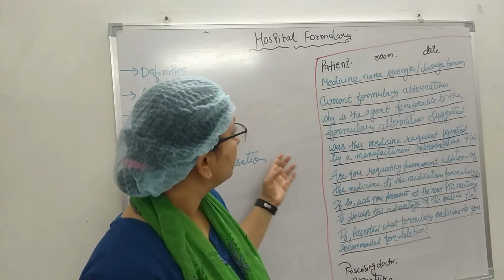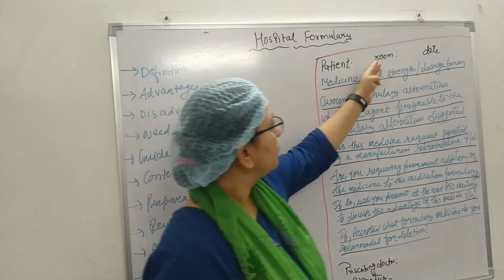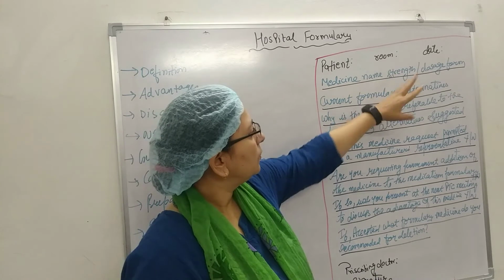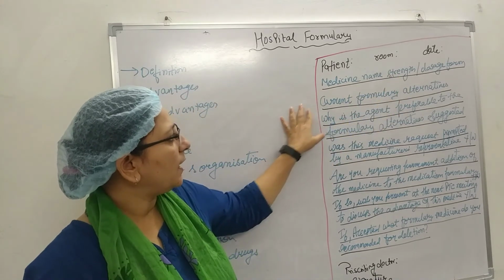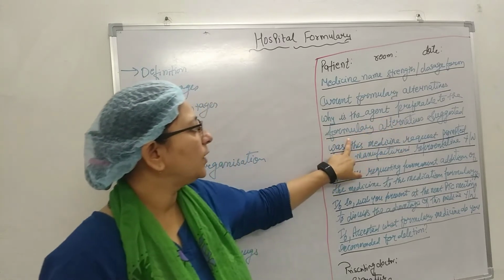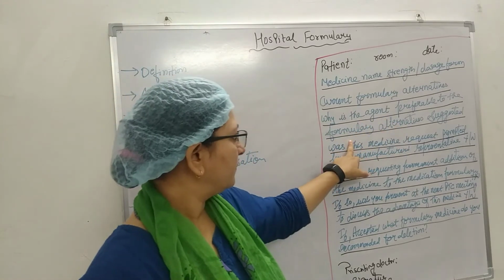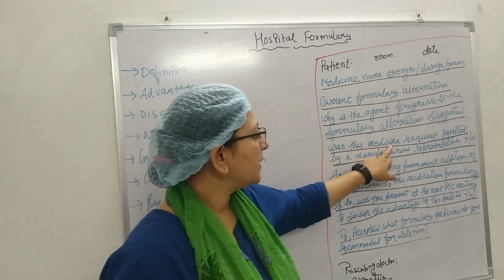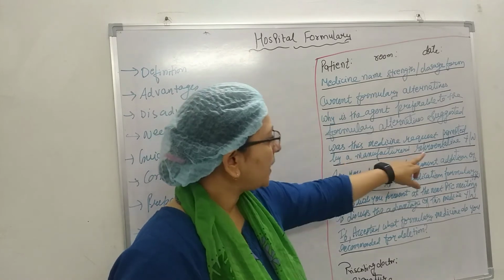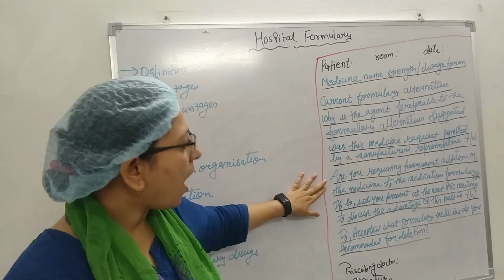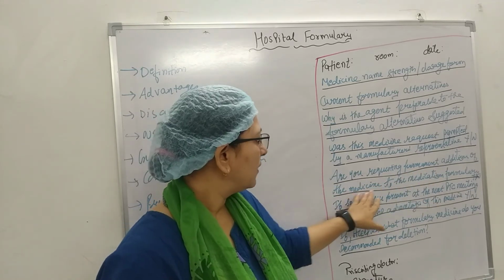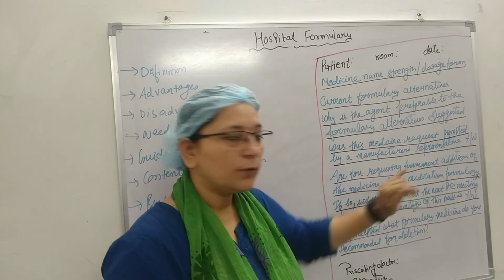This is the form: patient, room and date, medicine name, strength, dosage form, current formulary alternatives. Why is the agent preferable to the formulary alternative suggested? Was this medicine request prompted by a manufacturer representative? Yes or no? Are you requesting permanent addition of the medicine to the medication formulary?